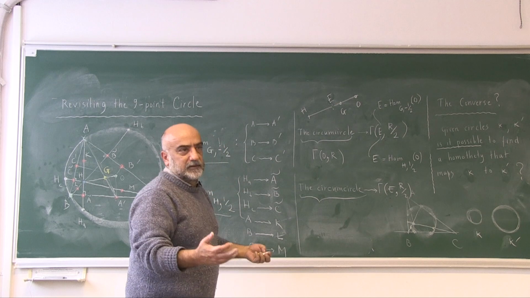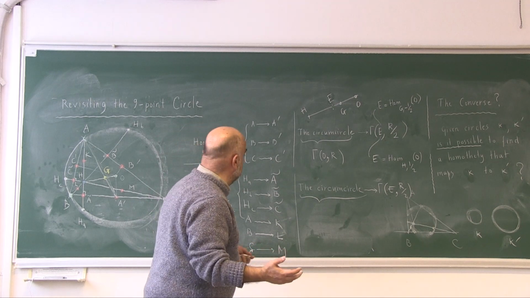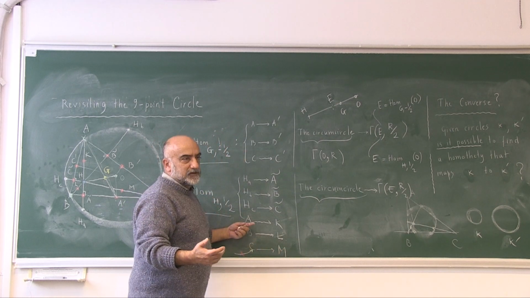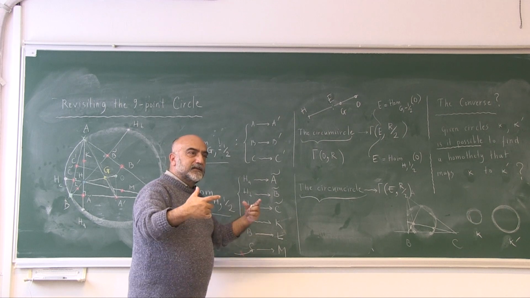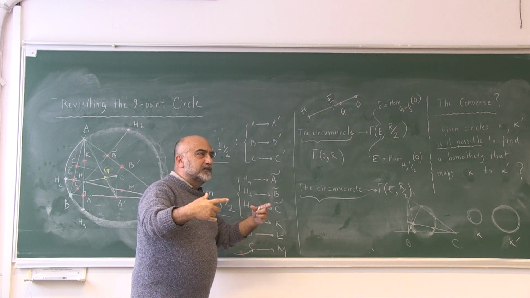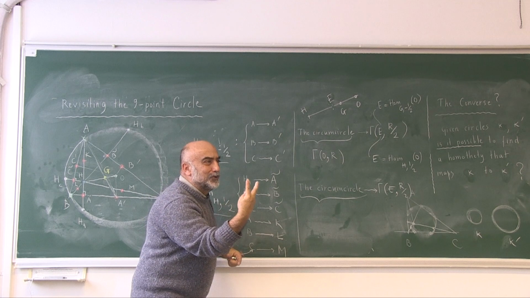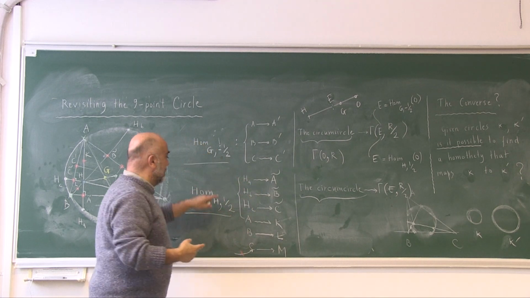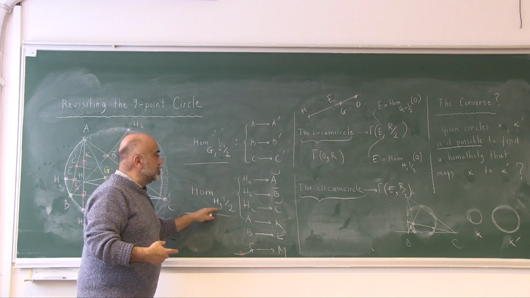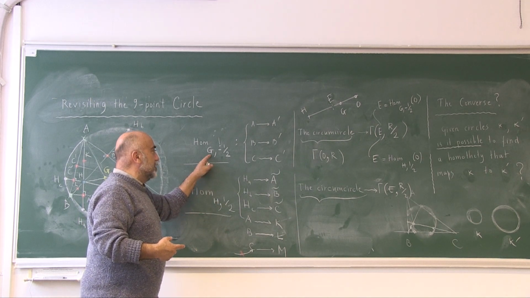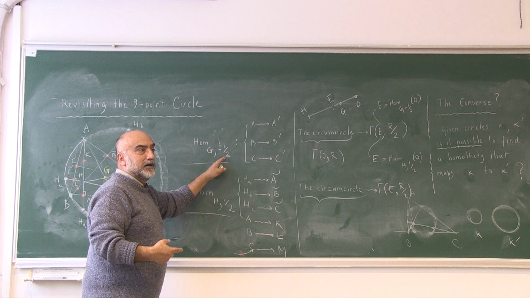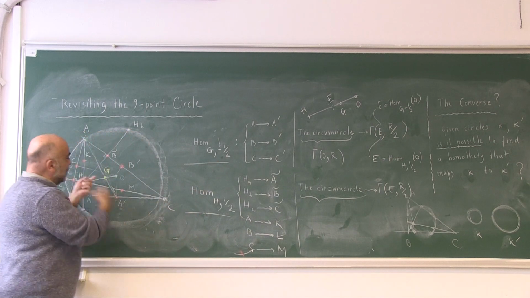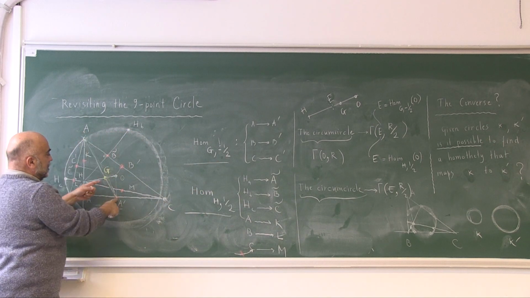It's just because of the fact that the 9-point circle is in fact the homothetic image of the circumcircle under 2 different homotheties. One with center G and the other with center H. With center G, the ratio of similitude is -1/2, so it goes backwards. Okay, so A is mapping to this.